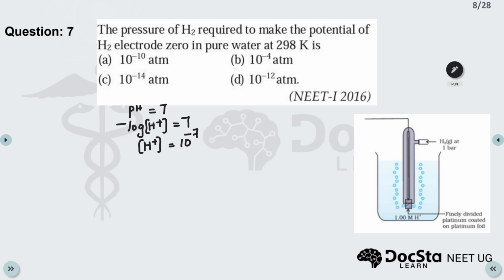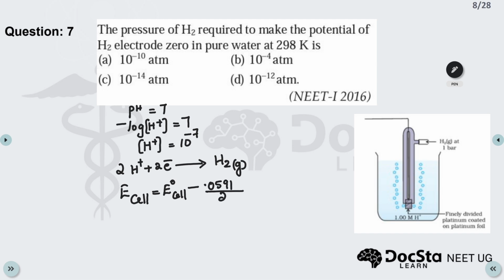So how do we write the equation for the hydrogen electrode? 2H+ + 2 electrons gives H2 gas. This is the equation for the standard hydrogen electrode. And now you have to write the Nernst equation for this cell reaction, that is E cell is equal to E0 cell minus 0.0591 by number of electrons involved, here 2.